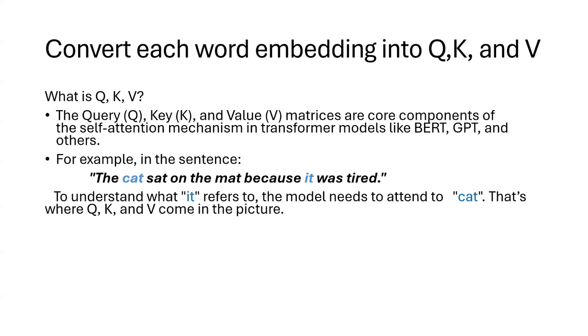To understand what "it" refers to, the model needs to attend to cat. That is where Q, K, and V come into the picture. How a word is related to any other words in the same input sequence, we find out using the attention mechanism. Right? There Q, K, and V, query, key, and value come into the picture.